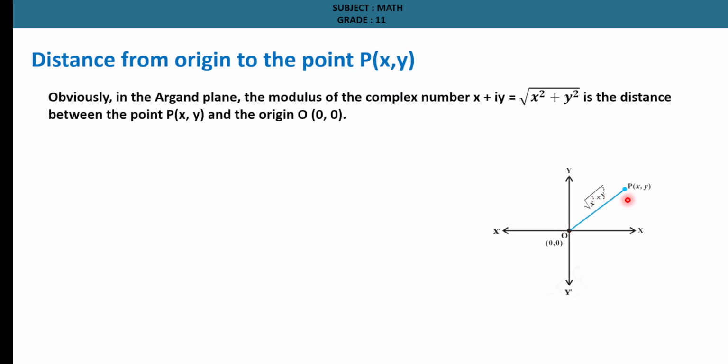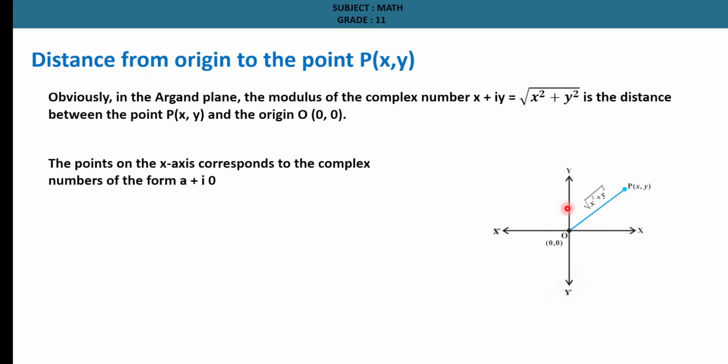In place of x2 we substitute x, in place of y2 we substitute y, in place of x1 we substitute 0, and in place of y1 we substitute 0. So we get the distance as square root of x square plus y square.